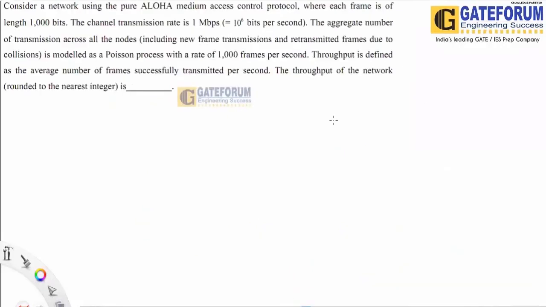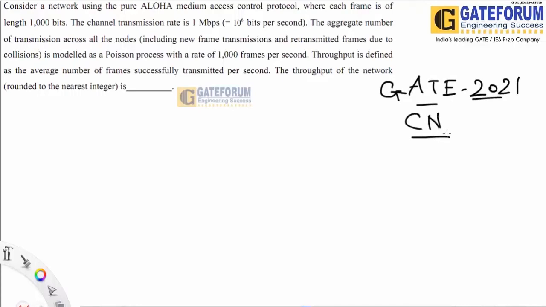Okay, let's try to solve one more question of GATE 2021 of CN. The question reads: consider a network using a pure Aloha medium access control protocol.